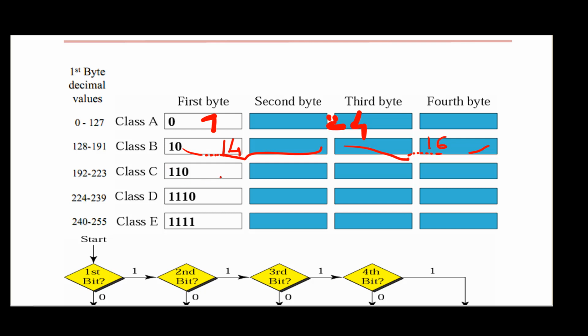When I come to class C, here I will be having 24 minus 3, that will be 21, and 8. 2 to the power of 21 and 8. Here in class D there is no network address and host address concept.